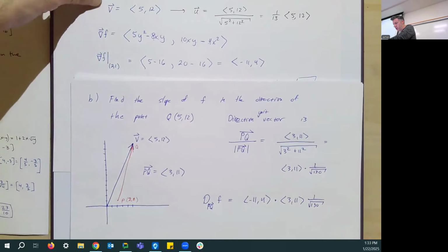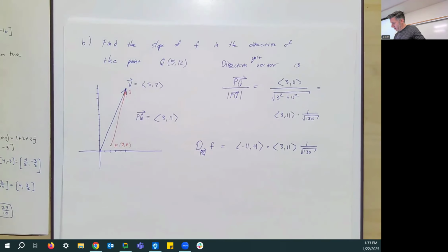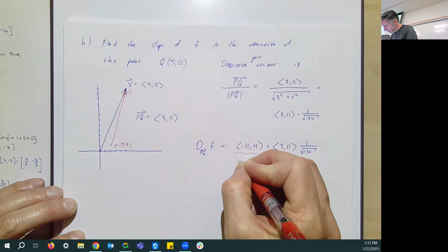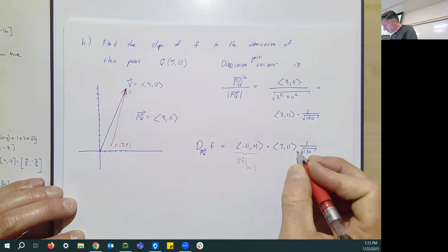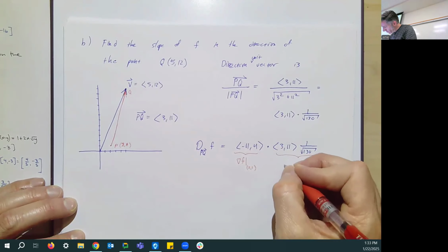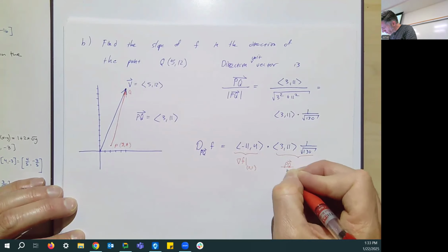Again, just for some notation, that's our gradient of f evaluated at 2 comma 1, and that's PQ divided by the magnitude of PQ.